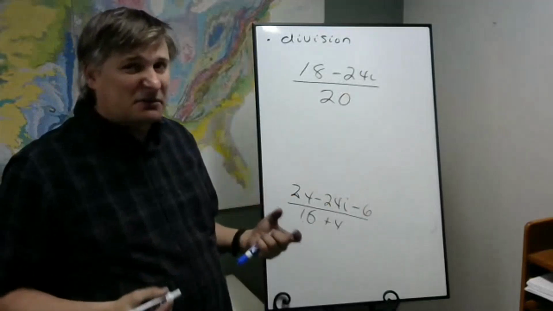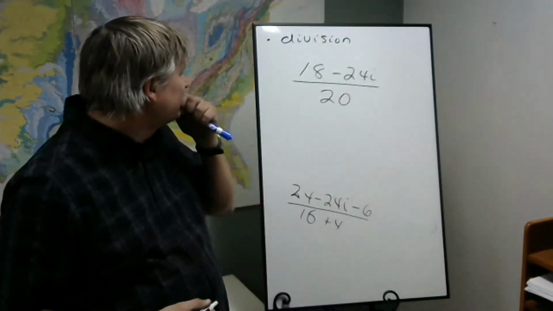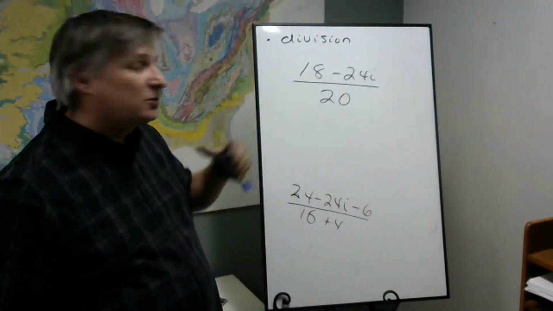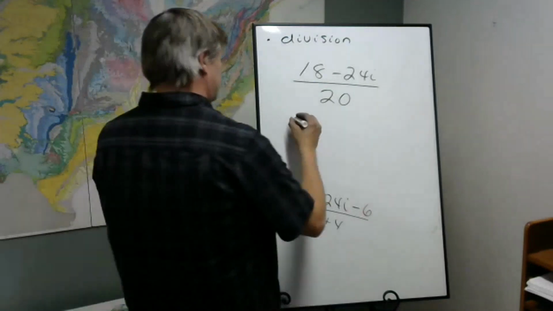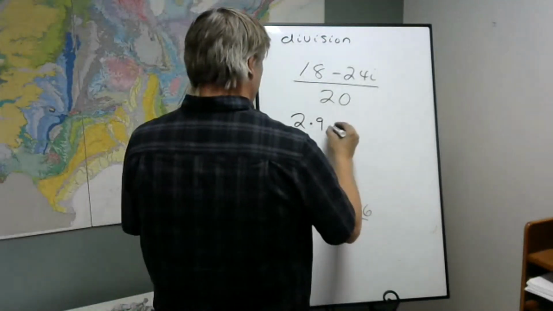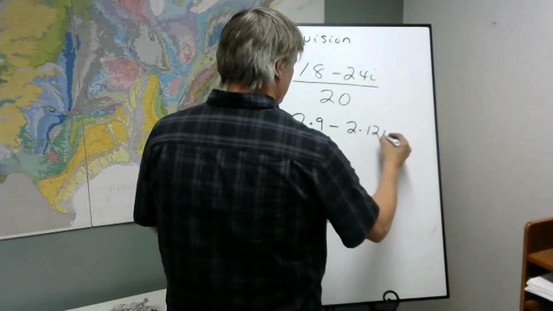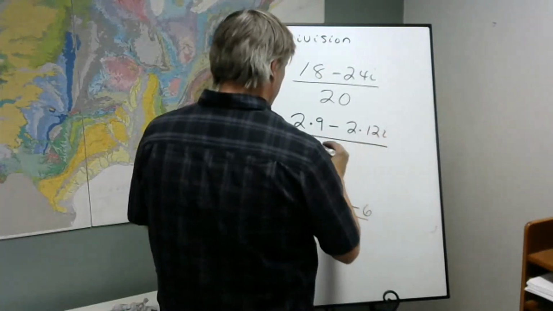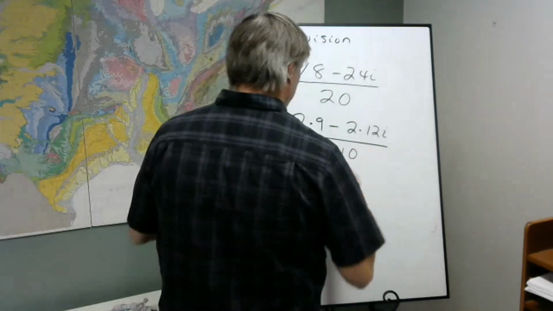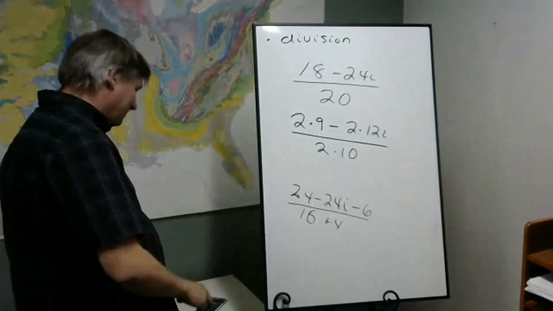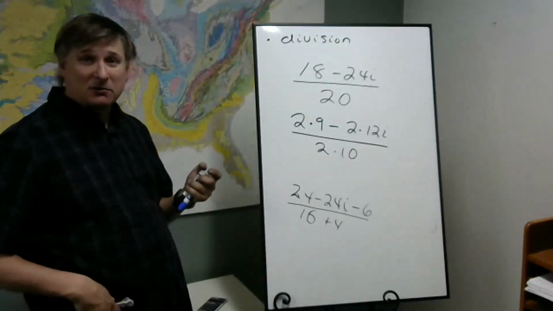Now, can we do some factoring? Well, 18 is 2 times 9. 24 is 2 times 12. This is 2 times 10. So we can factor out a 2.